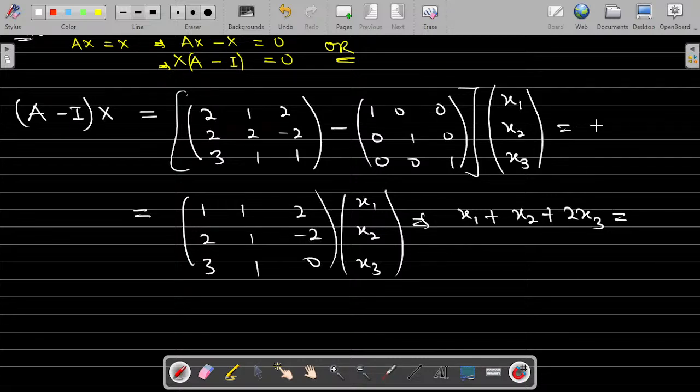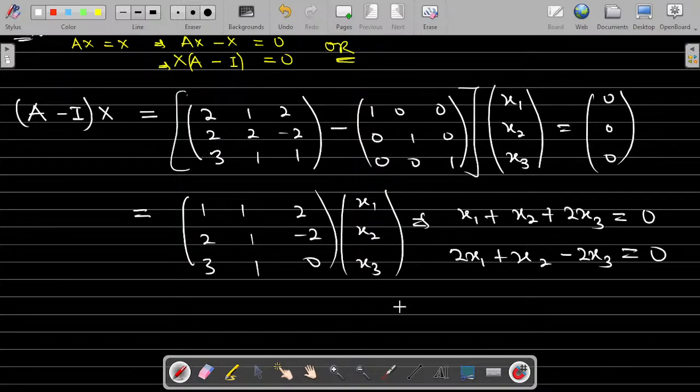Remember they said this is equal to 0, and whenever you have 0 in vectors, it actually means the 0 vector, or for matrices, it means the 0 matrix. So this is going to be equal to 0, and then the next one you are going to have 2x1 plus x2 minus 2x3. This is multiplying this, and just like that, and that is equal to 0.